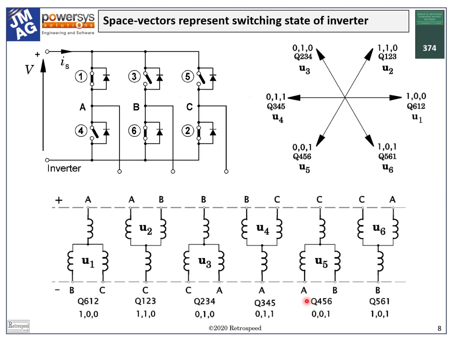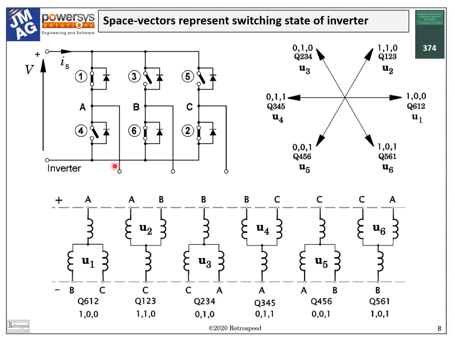At this point, we can note how the space vector can be used to model the inverter. Here is an inverter circuit in which the transistors are modeled by single pole switches, which are either open or closed, on or off.